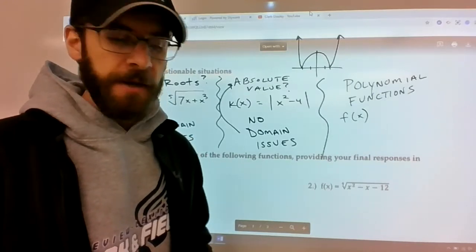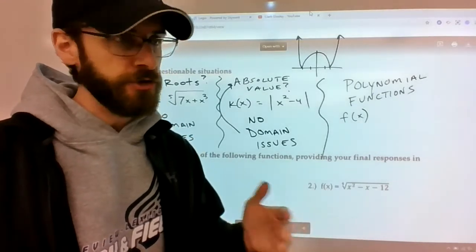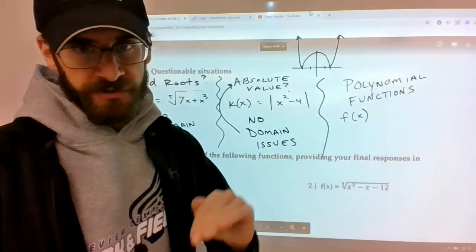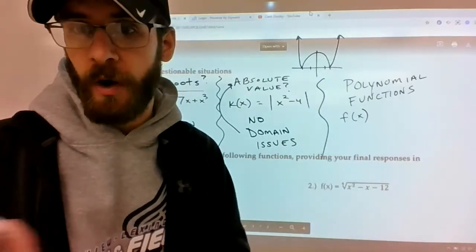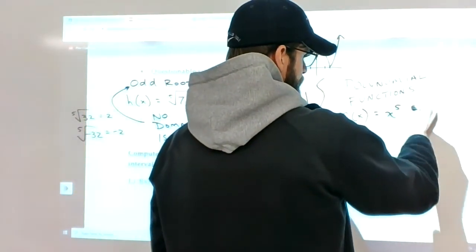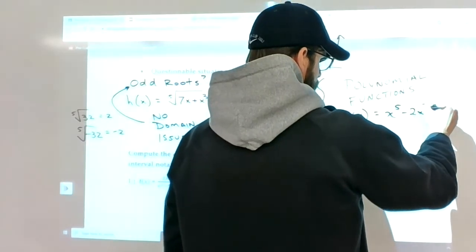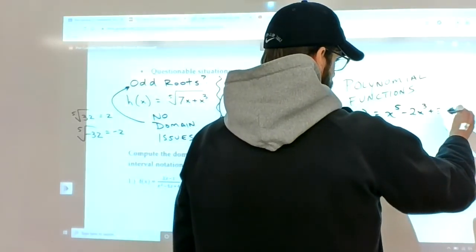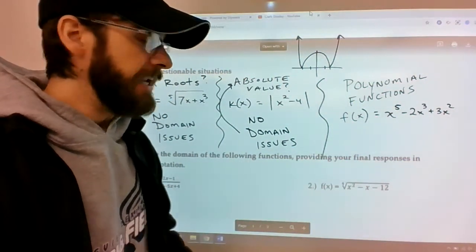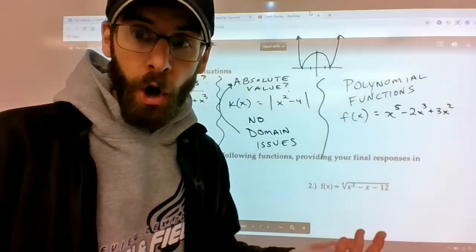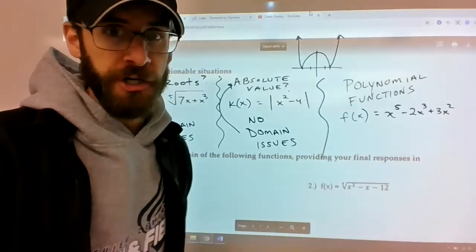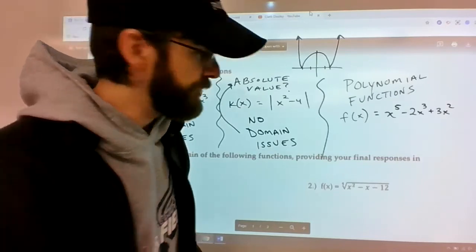Something in which there are no negative exponents, no fractional parts, no x on the bottom, no even roots, no odd roots. It's just straight up polynomial. Again, if you try setting it equal to 0, all you're doing is finding the zeros that live on the function. There are no domain issues.